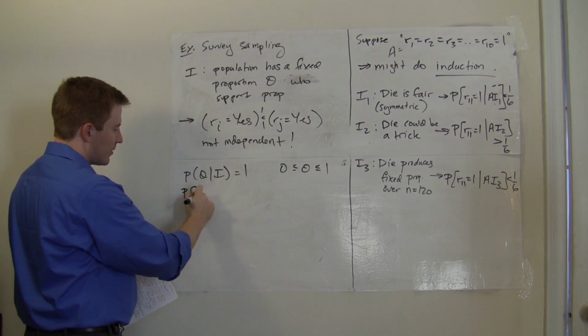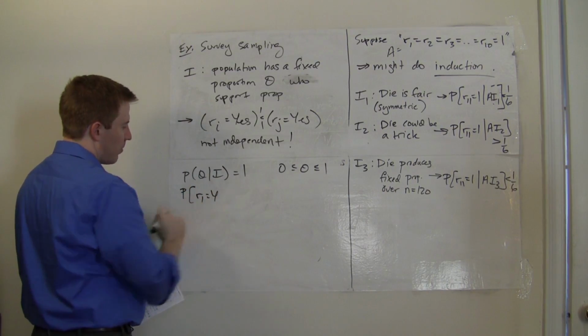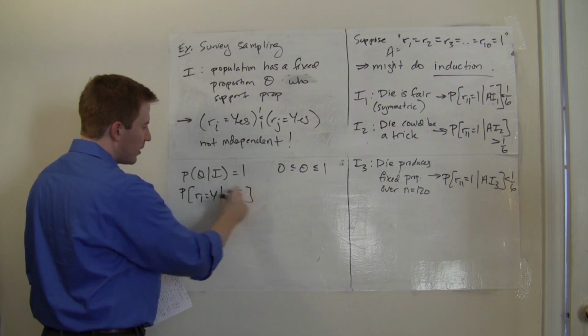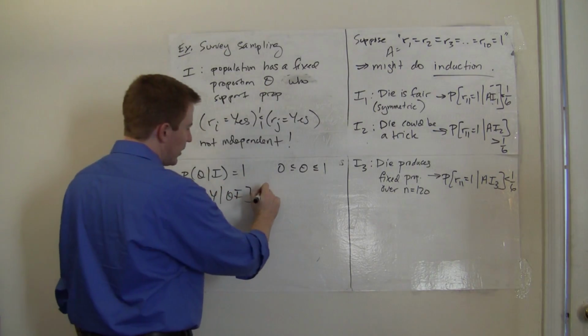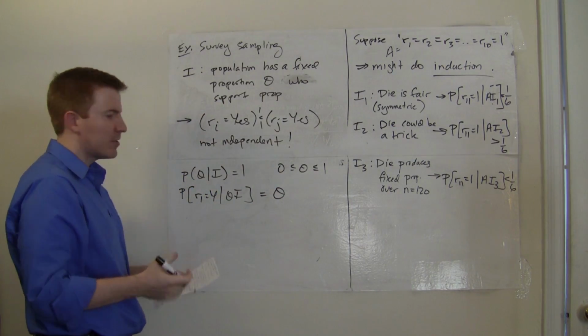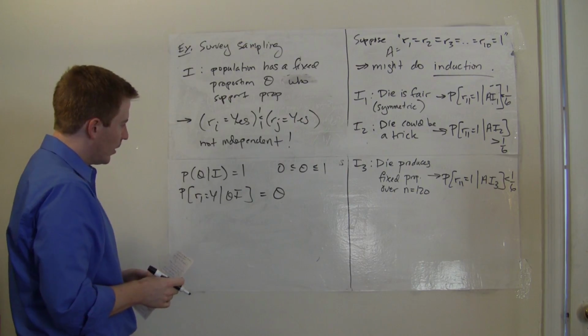Okay, we're interested in things like maybe what's the probability that the first person would answer yes. Okay, if we condition on any particular parameter value, we'd get that probability is theta, again, assuming some things about the way we do the survey.